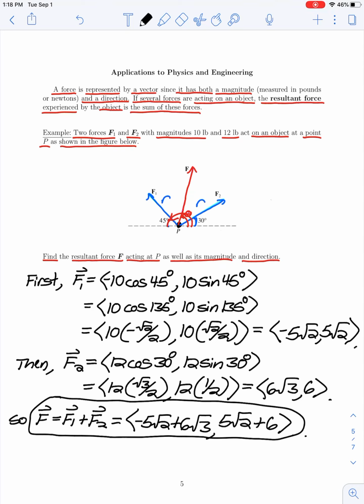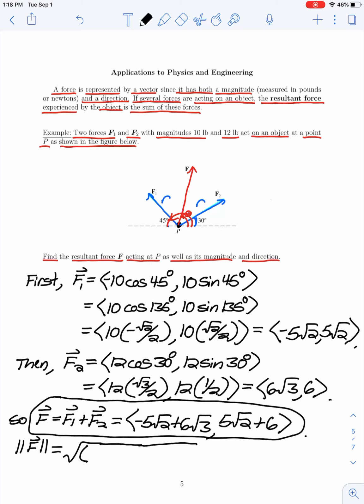Now we were also told in the problem to find its magnitude and its direction. So to get the magnitude of this resultant force F, well, remember the magnitude of a vector is defined as the square root of the sum of the squares of its components.